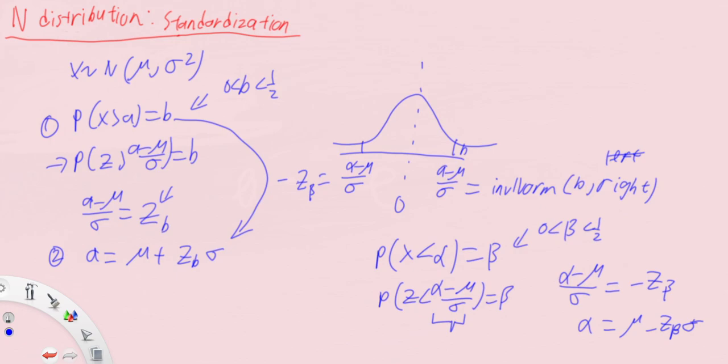Alright, and you notice that there are similarities between this equation here and this equation here. Whatever value is inside the probability would simply be equal to the mean plus or minus something. So I'm just going to write it in a generic form. Let's say we now have P(x < c), then you notice that it's always c equals mu plus or minus z_d sigma, where this has probability d.